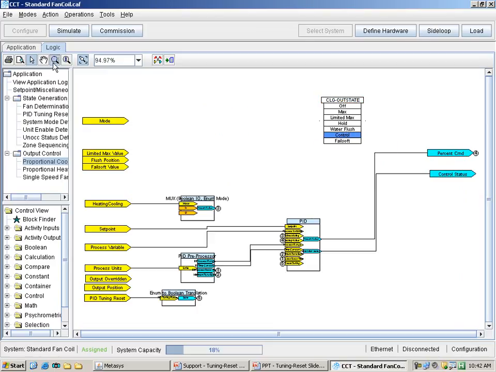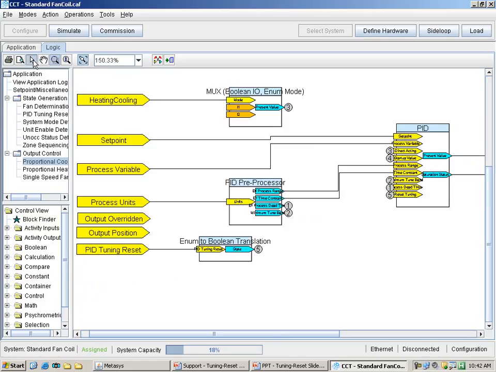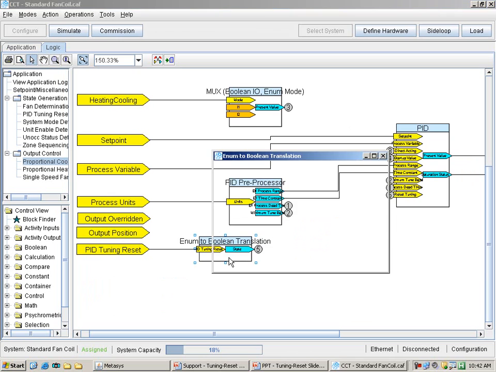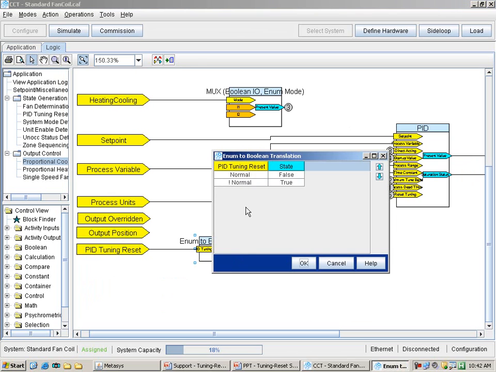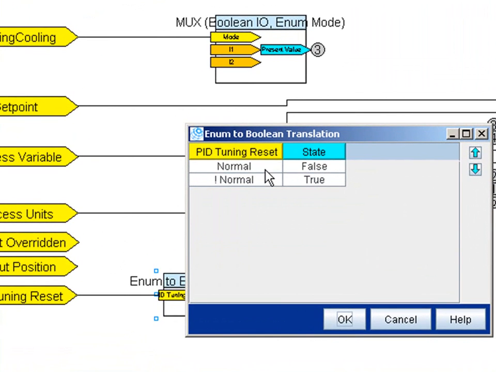I'll zoom into the PID area. And here is the PID tuning reset connection coming into an enum to Boolean block. And if we look at that, if it's normal, a false is going to come out, which means we're not doing any tuning. If it's not normal, which means one of the 4 PID reset commands are being executed, then it's true.